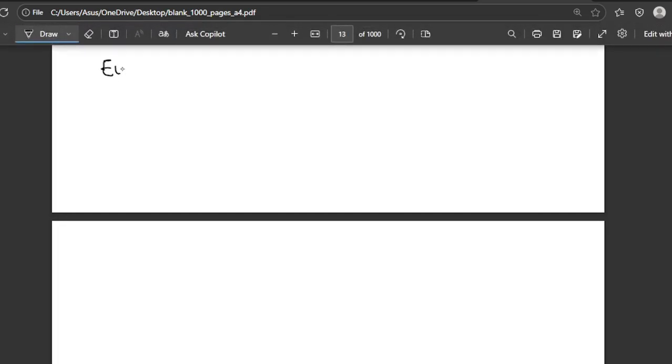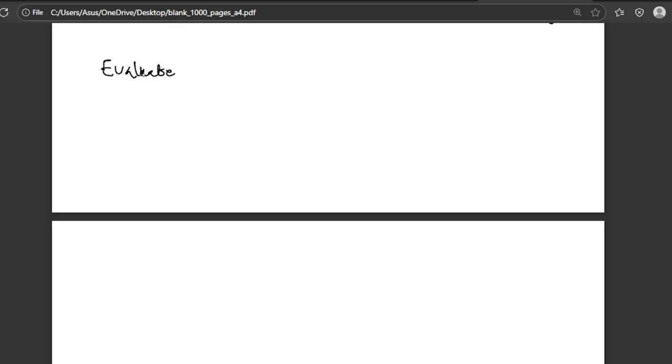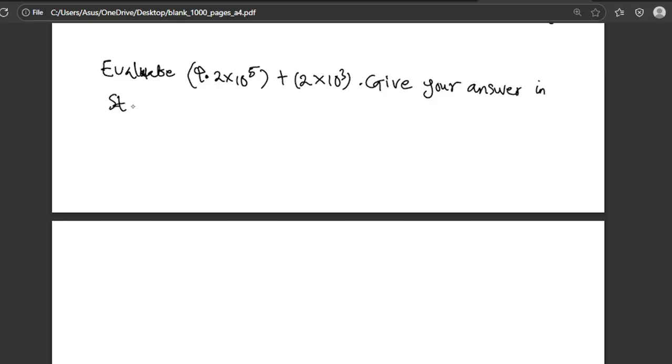The first question: evaluate 4.2 times 10 to the power 5, plus 2 times 10 to the power 2. Give the answer in standard form.